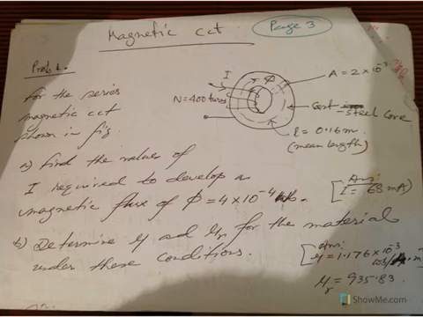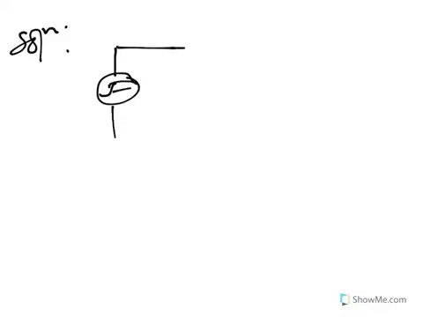To solve this problem, first we have to draw the equivalent magnetic circuit, where we can apply the magnetic force. I'm talking about the solution to the problem. If we draw the equivalent circuit, there is the magnetic force and the reluctance.